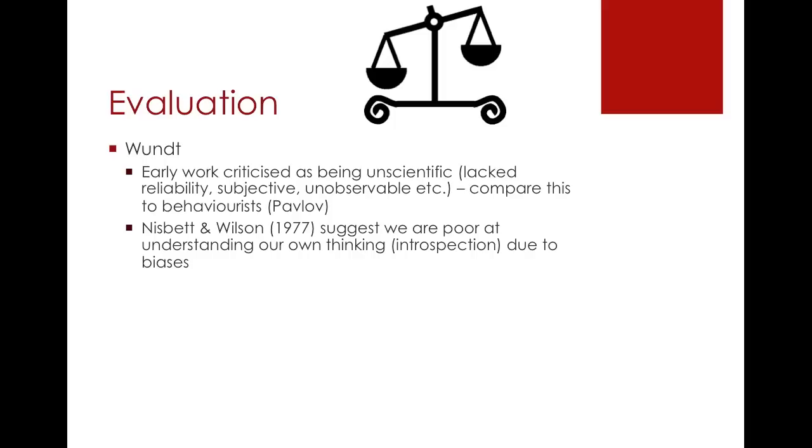It's a less scientific method than maybe we would hold ourselves up to in more modern approaches. Nisbett and Wilson also suggested that as individuals we're pretty bad at understanding why we think things or why we perceive things the way we do, and so for Wundt to use introspection, which is essentially doing that, it's really not a good method of understanding people.